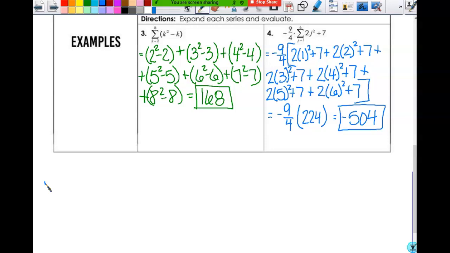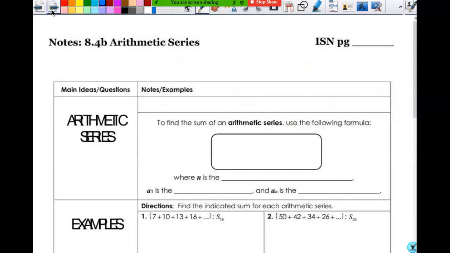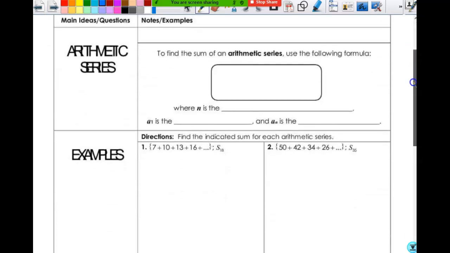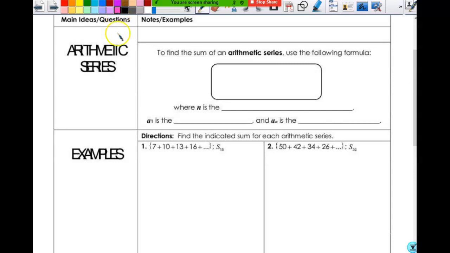All right, so that's just series in general, whether it's arithmetic, geometric, or none of the above. But now we're specific for arithmetic series. So an arithmetic series, because sequences is what we've been talking about, is the sum of an arithmetic sequence.